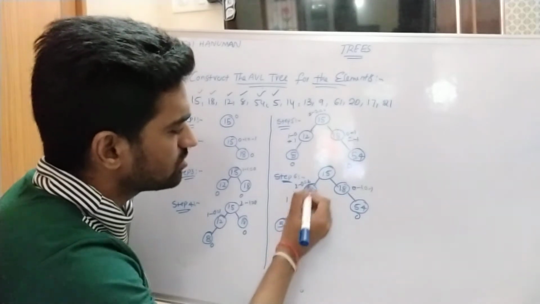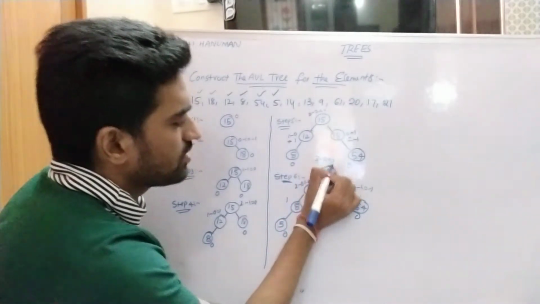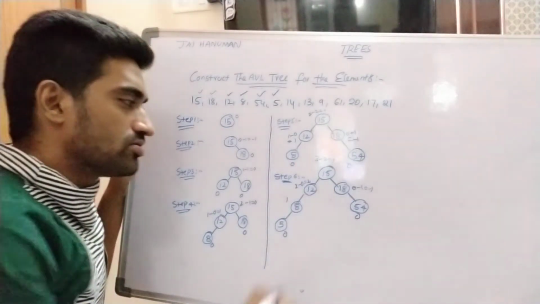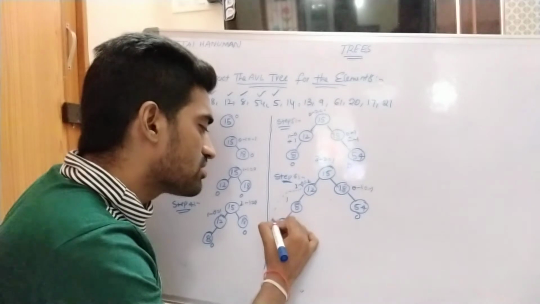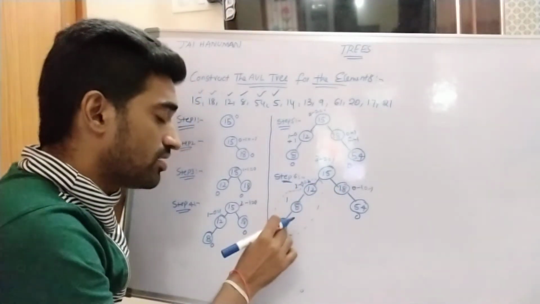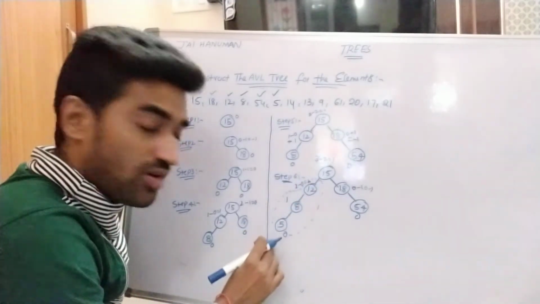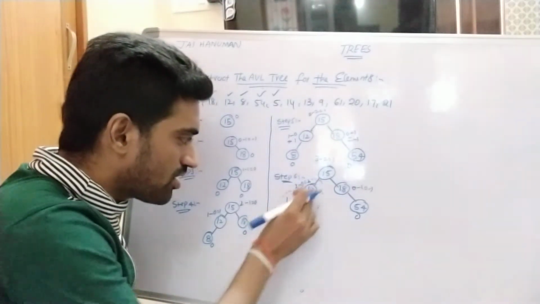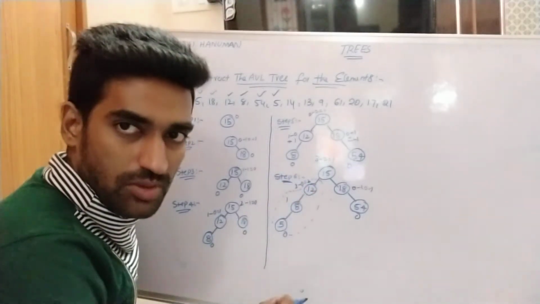For this one, 3 minus 2, which is equivalent to 1. So at node 12, the balancing factor property is not satisfied, because we inserted a node left of the left subtree. After inserting the left node of the left subtree, it violates the balancing factor property.